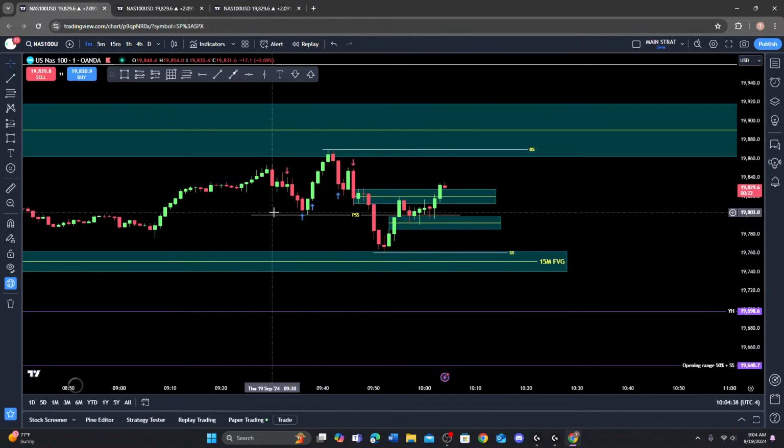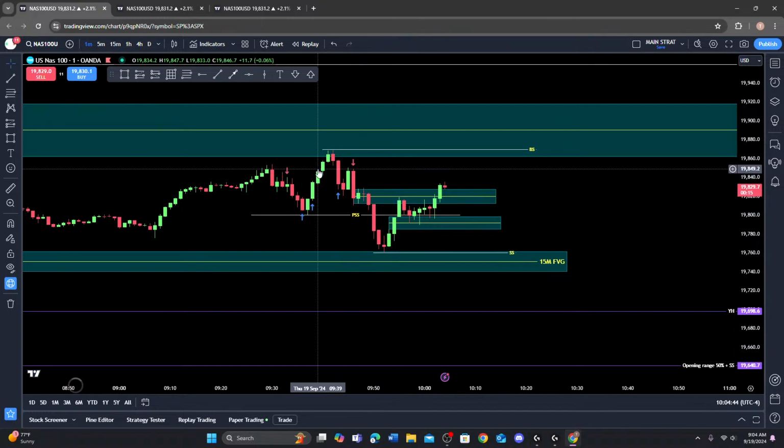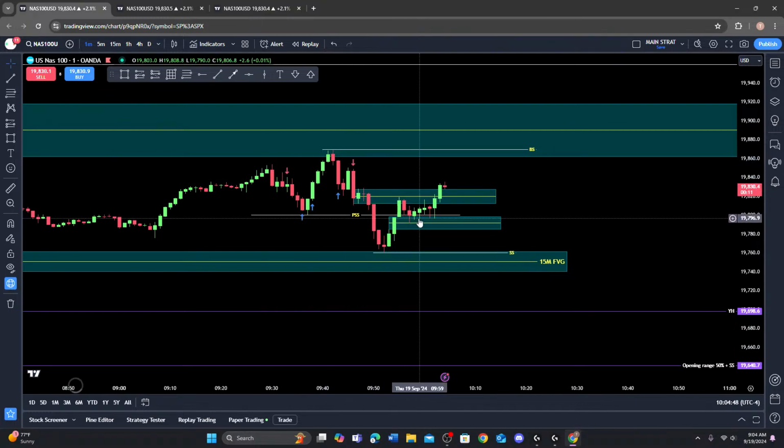I actually like to see previous sell side, when we break it like that, form a fair value gap, like I said here. Broke it, formed a fair value gap. Usually, those are really good setups for just any trading.